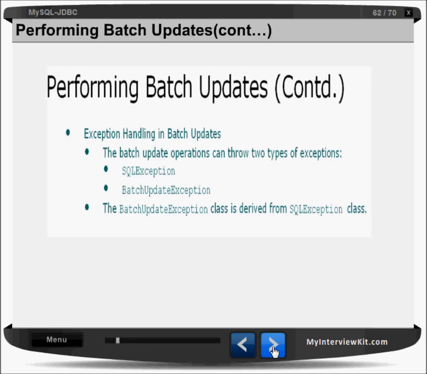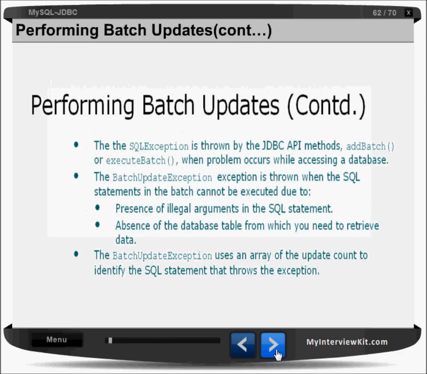Exception handling and batch updates. Don't forget to handle exceptions, the SQLException and BatchUpdateException. The BatchUpdateException class is derived from SQLException. SQLException is thrown by the JDBC API methods addBatch or executeBatch when a problem occurs while accessing a database.